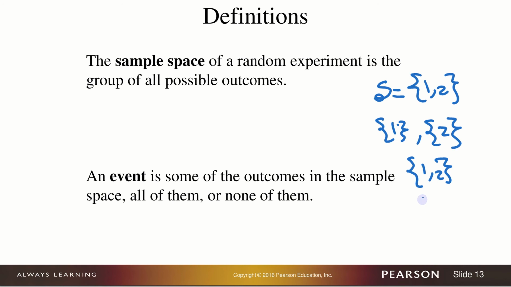Or you can have the subset that doesn't contain either one. This last one, the empty set, is super significant because it's a subset of every sample space. This is where some probabilities will end up being 0, right? When you're in that zone.